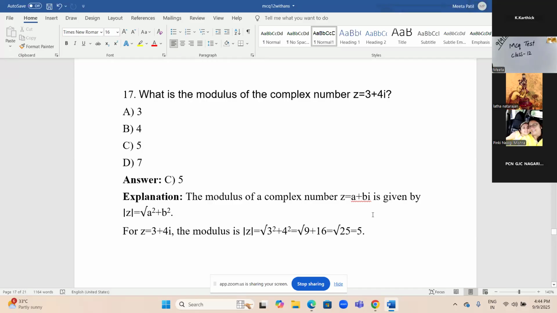You get the square root of 3 square plus 4 square. 3 square is 9, 4 square is 16, and i square is cancelled, giving 1. So under root 25, and taking the root, the answer is 5. The correct answer is option C.